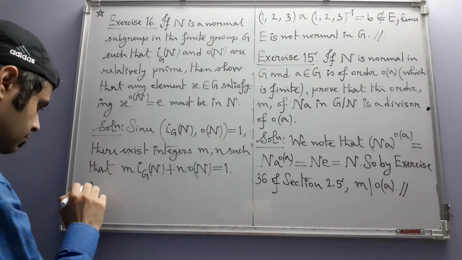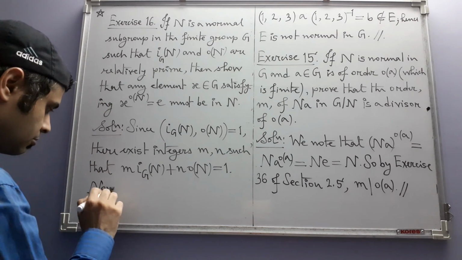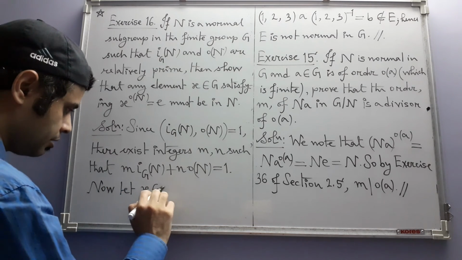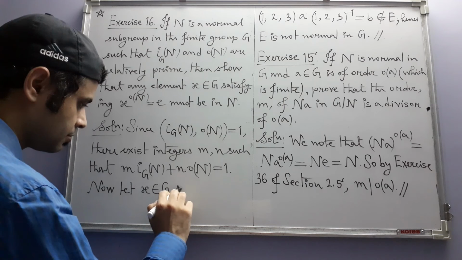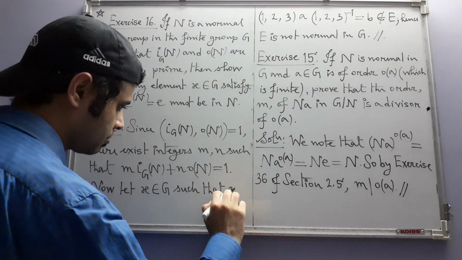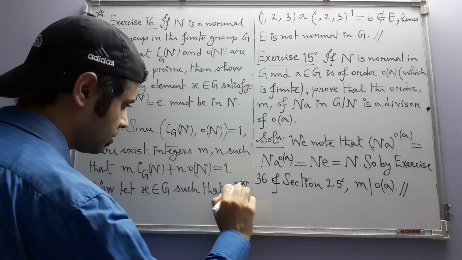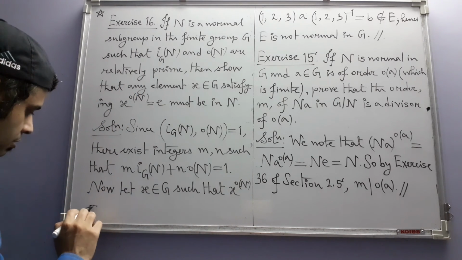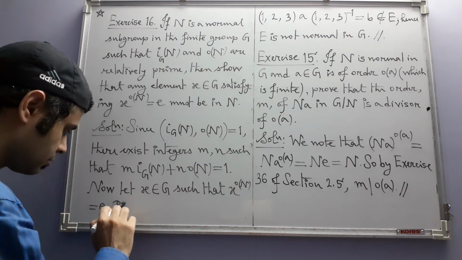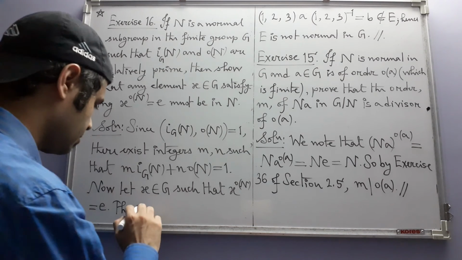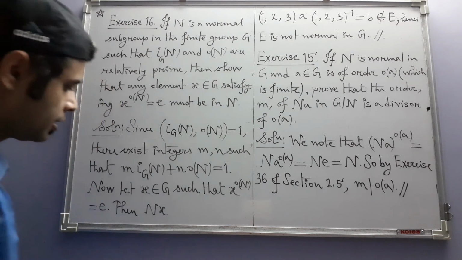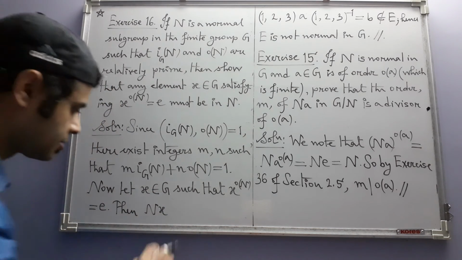Now let X be an element of G such that X to the power order of N is equal to the identity. Then we consider the coset NX.